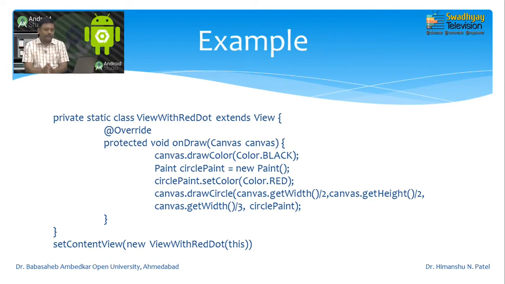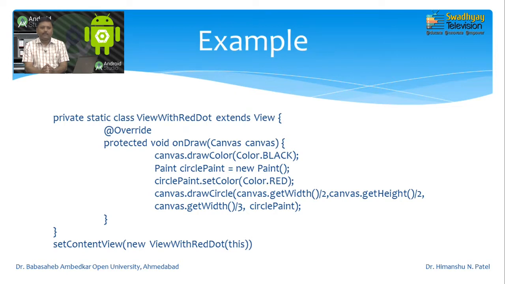The first two arguments specify the center of the circle, which is the center of the canvas. The third argument specifies the radius of the circle, which is one third of the canvas width, and finally we specify the paint object. So the circle will be filled with red. Once you have created or defined this canvas class, we can create its instance inside setContentView.